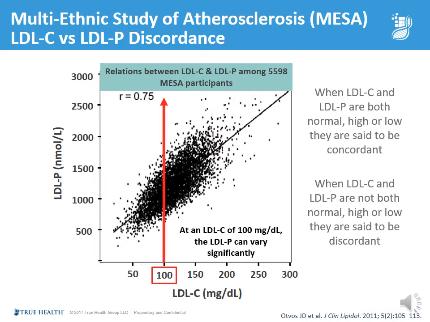But we know LDL particle counts are a better determinant of risk. So patients with an LDL cholesterol of 100, some have a 20th percentile LDL particle cut point of 1,000 nanomoles per liter. So the two metrics correlate well, and both would be equally predictive of risk.